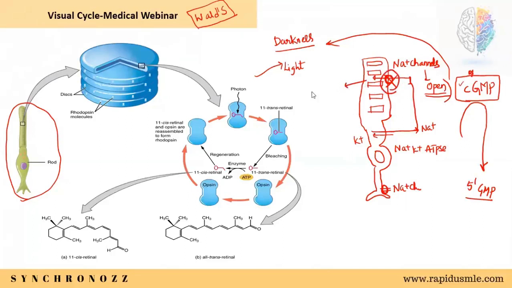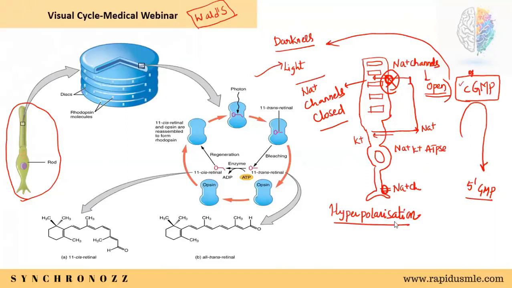So the sodium channels are closed. When the sodium channels are closed, sodium no longer enters the outer segment of the rods or cones. So this leads to hyperpolarization.